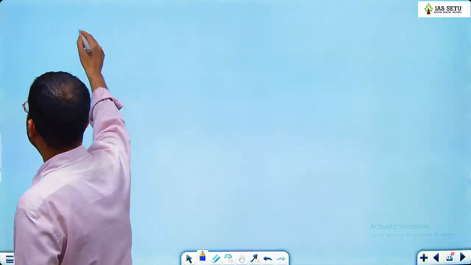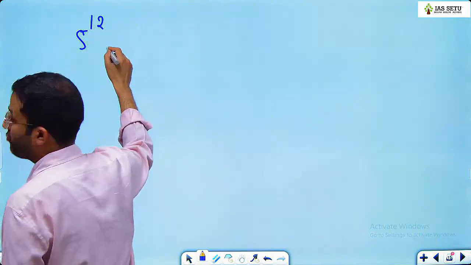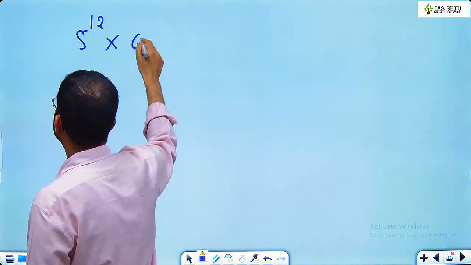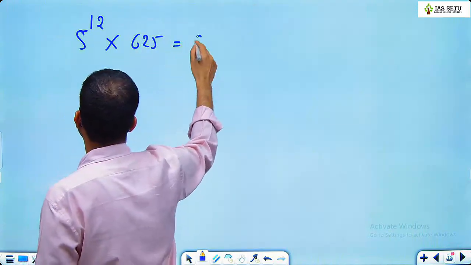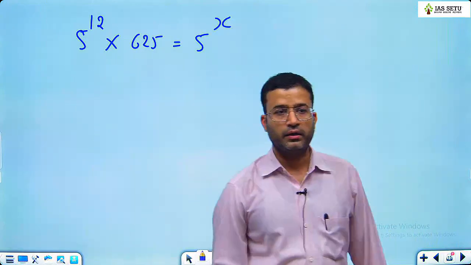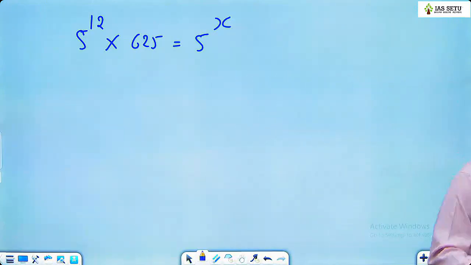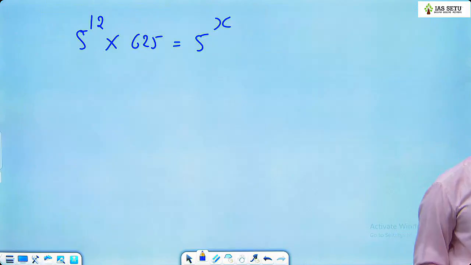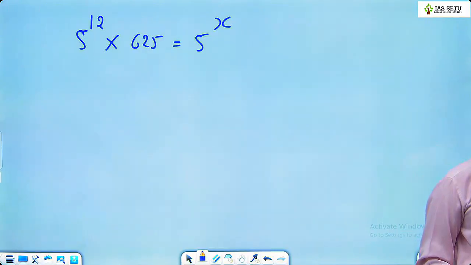5 is to power 12 into 625 is equal to 5 is to power x.